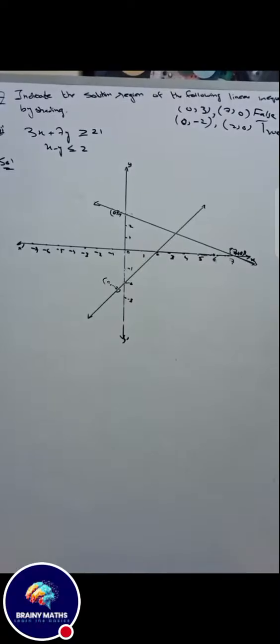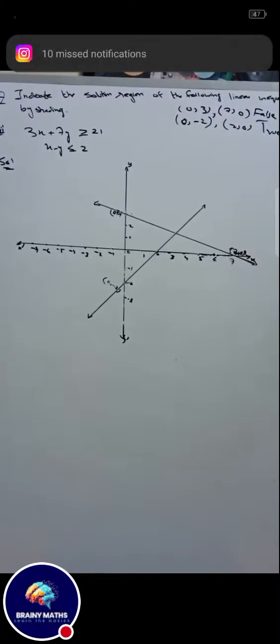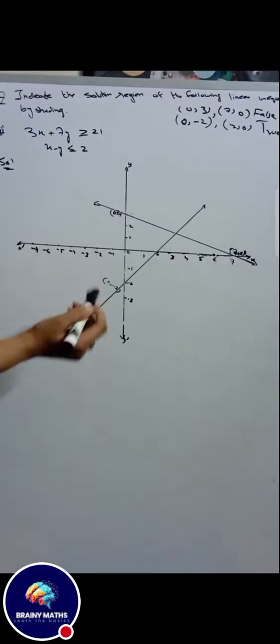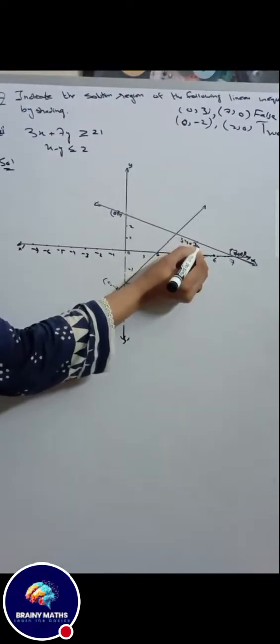Now, next, we have to draw the shaded area. Which area is the shaded area? Yes, you're right. The area where the two lines intersect is the shaded area. So the first line was 3x plus 7y greater than or equal to 21, the line 3x plus 7y equals 21.